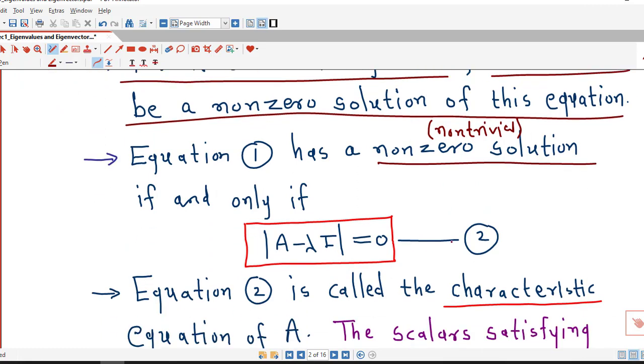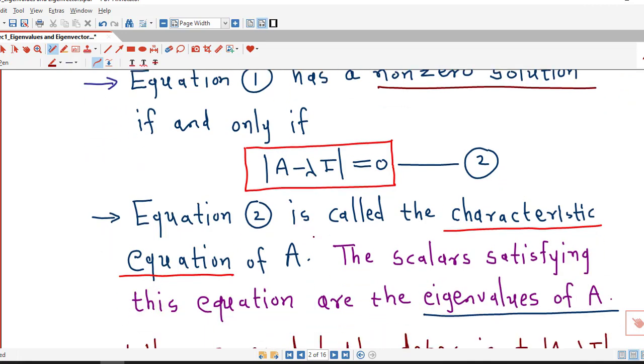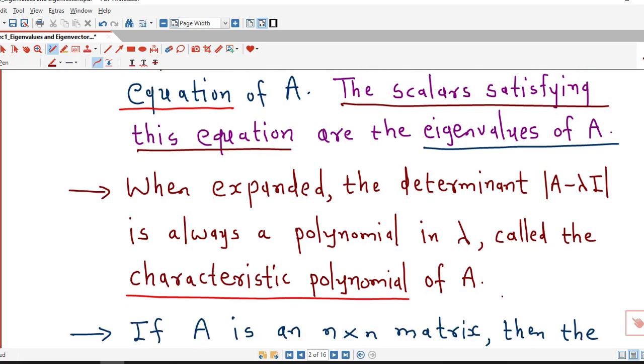So this equation 2 is known as the characteristic equation of the given matrix. To find the eigenvalues of a given matrix, the first step is to find the solution of this characteristic equation. So the scalars satisfying this characteristic equation are nothing but the eigenvalues of capital A.